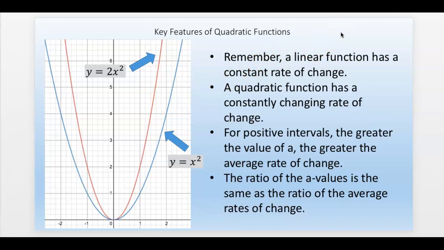The greater the value of A, the greater the average rate of change over any positive interval. And the ratio of those rates of change is the same as the ratio of the A values.